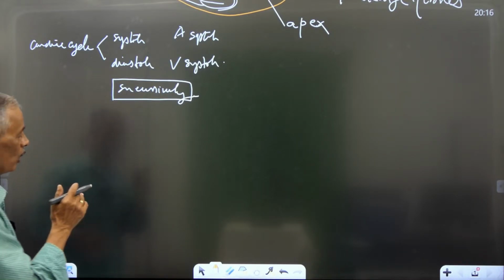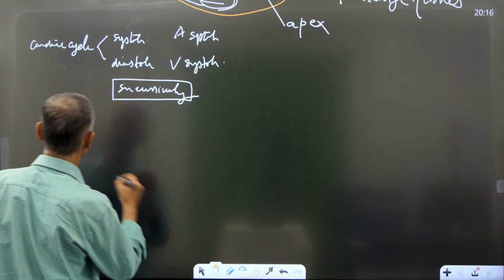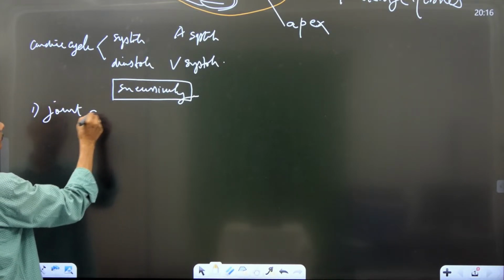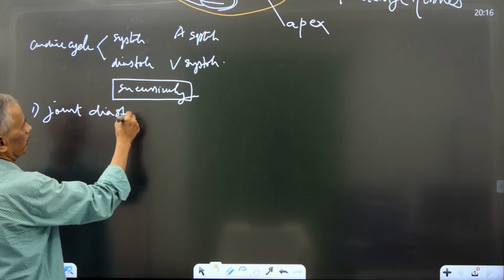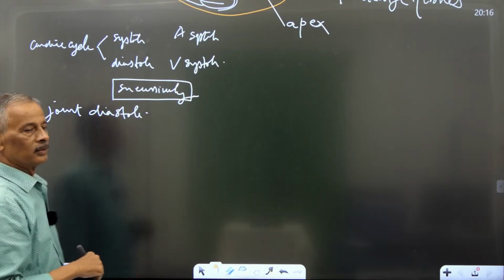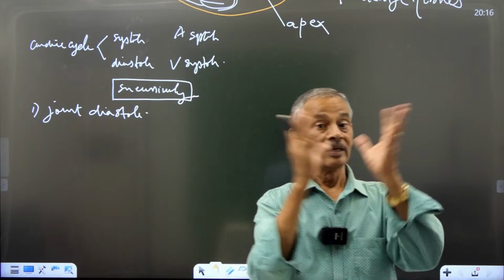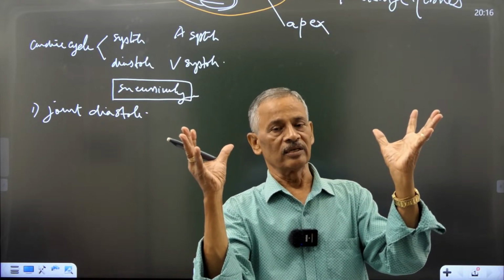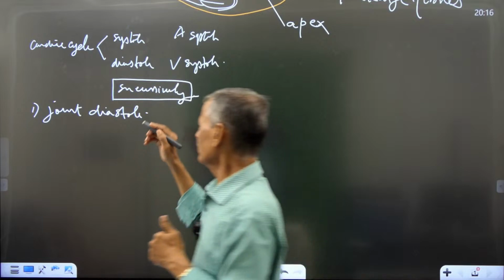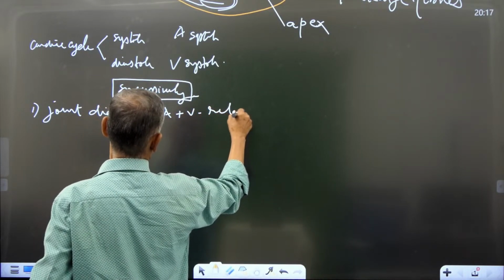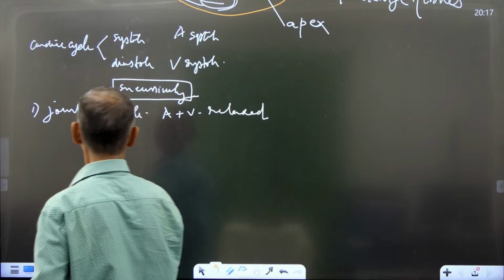It is called joint diastole. Joint diastole, both atria and ventricle are in relaxed condition. When atria plus ventricle are relaxed, they are all in a relaxed condition.